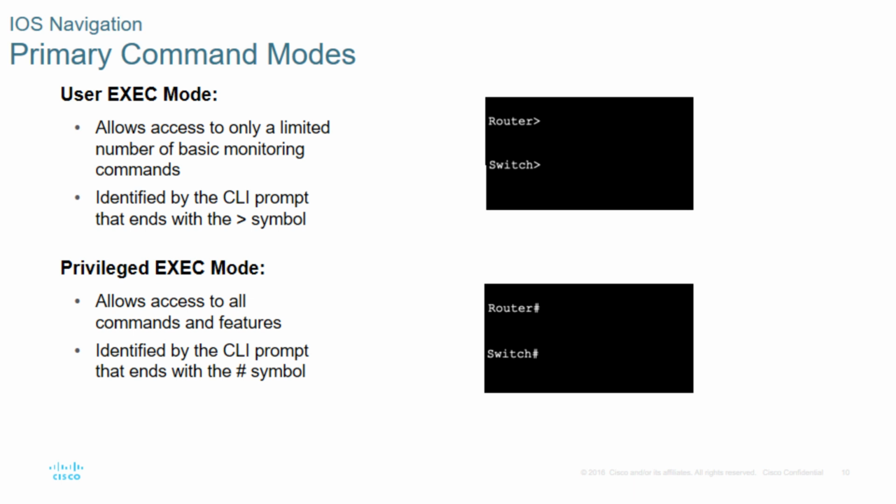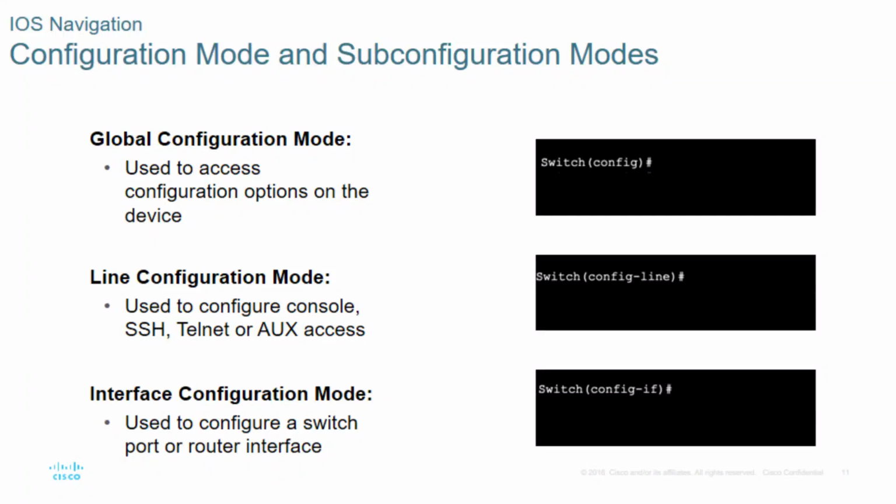This mode is to execute configuration commands. A network administrator must access privileged mode, and higher configuration modes like global configuration mode can only be reached from this mode. So this can be identified by the prompt ending with the hashtag symbol. Now, configuration mode and sub-configuration modes.